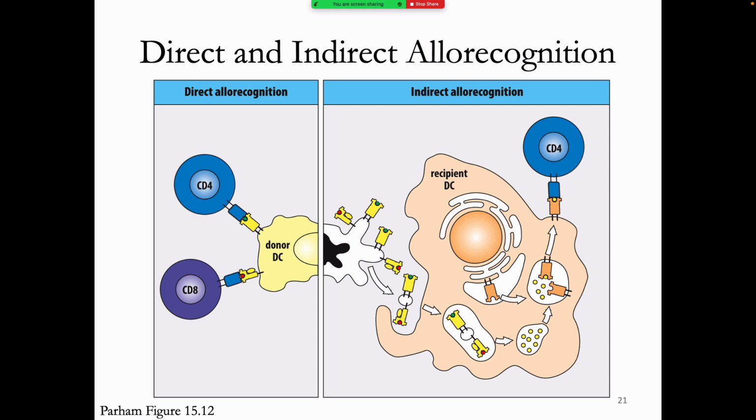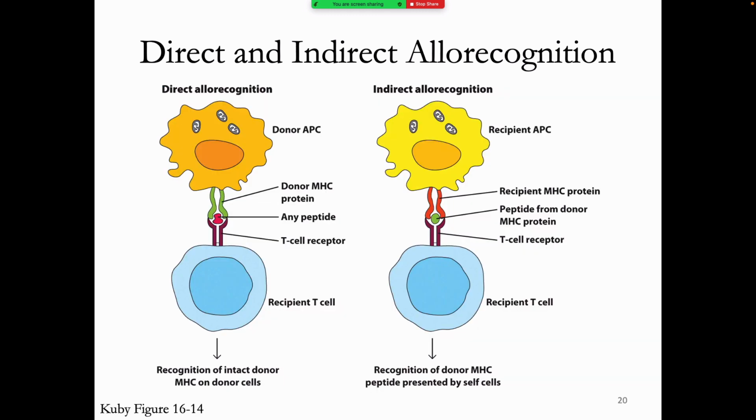The T cells are directly activated and they're like, oh, this cell is so bad. Right? There is one other way that someone else's MHC can be perceived by your T cells as foreign. This is known as indirect allorecognition.